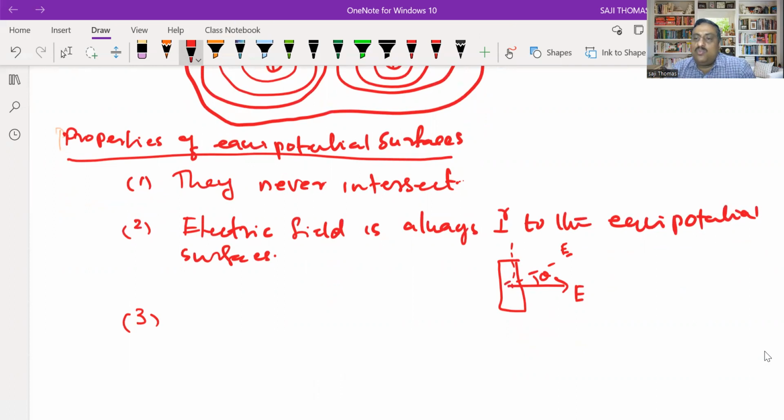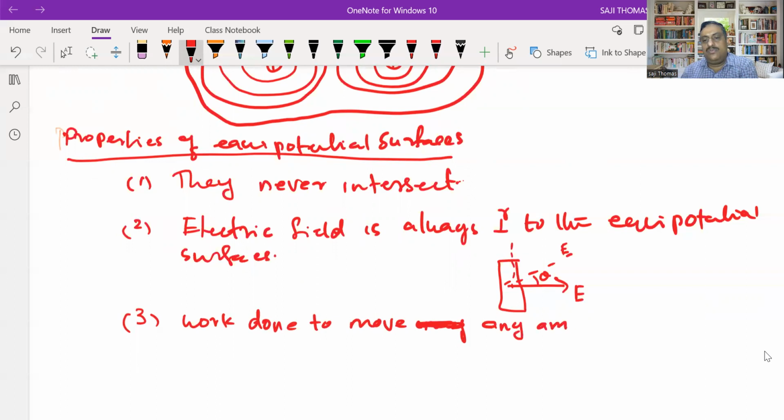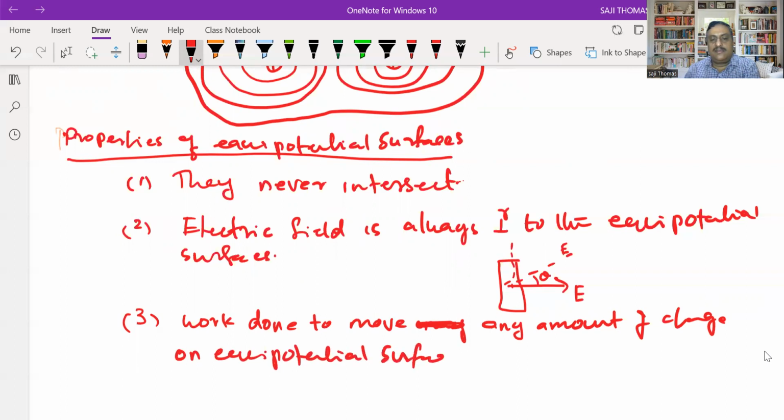So work done to move any amount of charge on an equipotential surface will be zero.